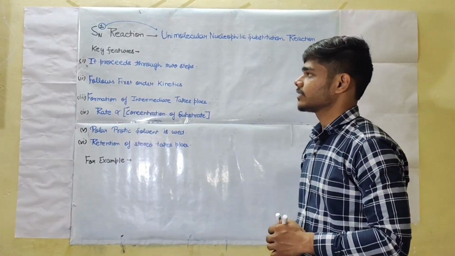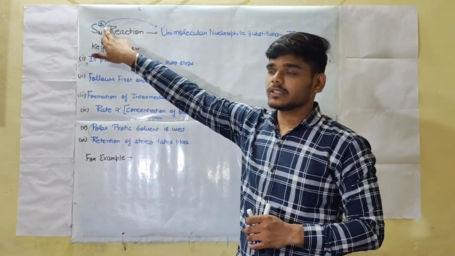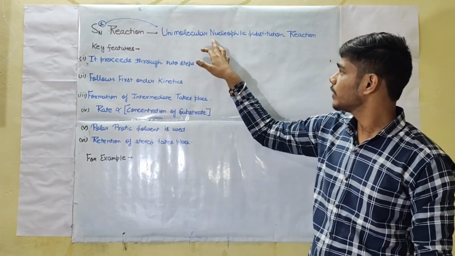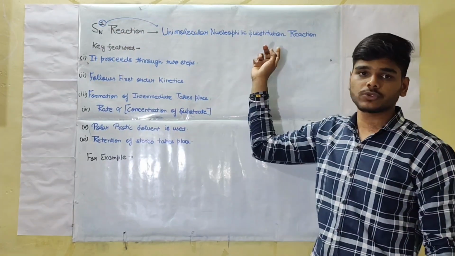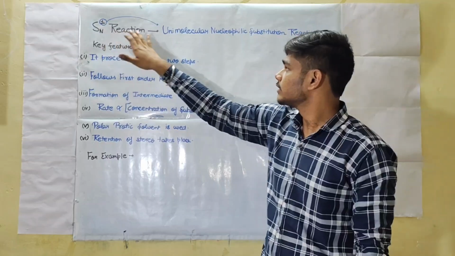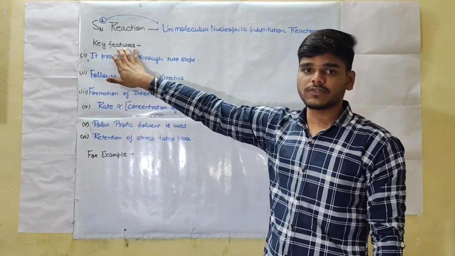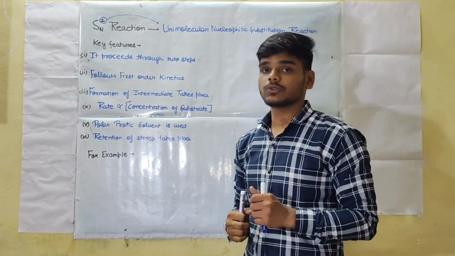So SN1 reaction, where in SN1, 1 stands for unimolecular, N stands for nucleophilic, and S stands for substitution reaction. So SN1 is unimolecular nucleophilic substitution reaction. So we look at its key features. First, it proceeds through two steps.